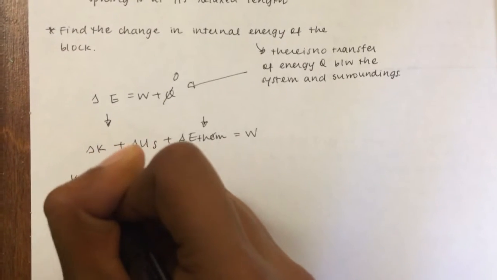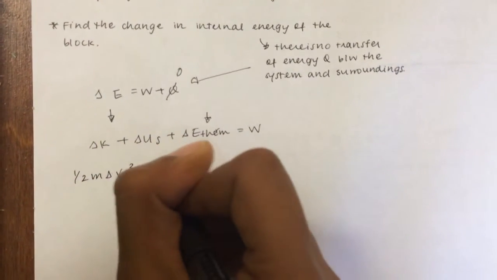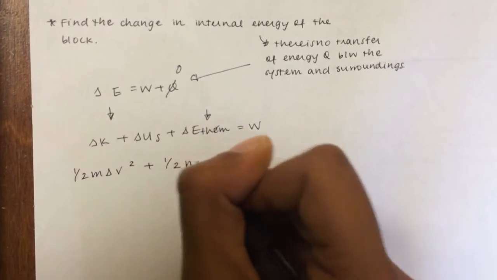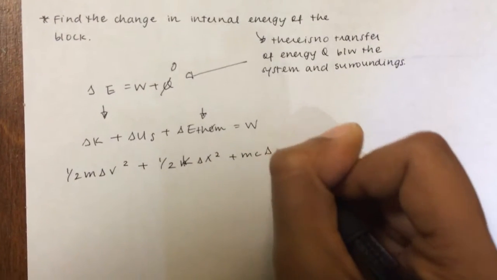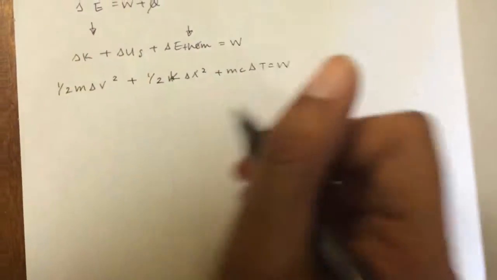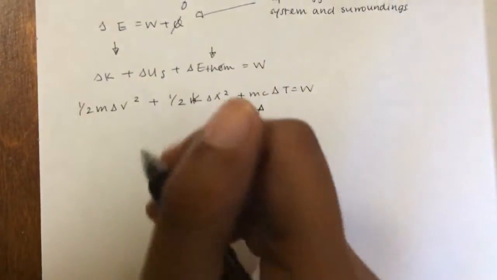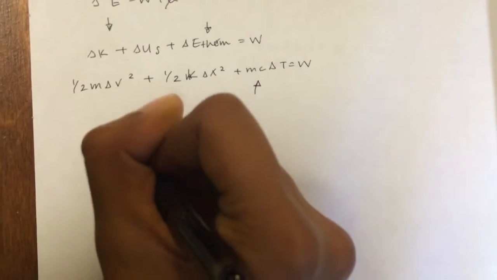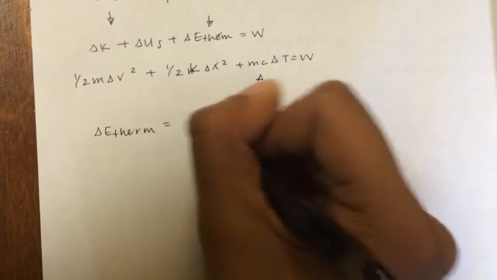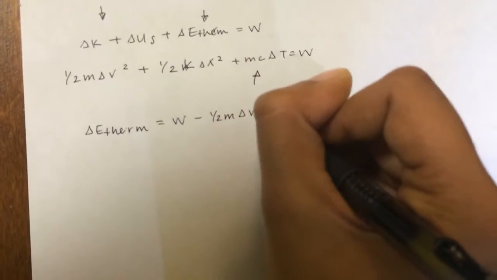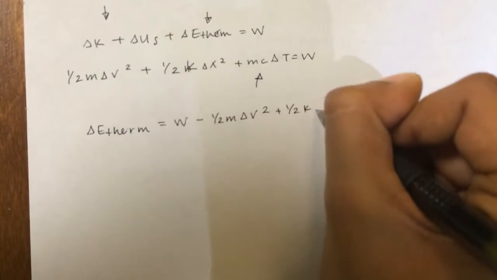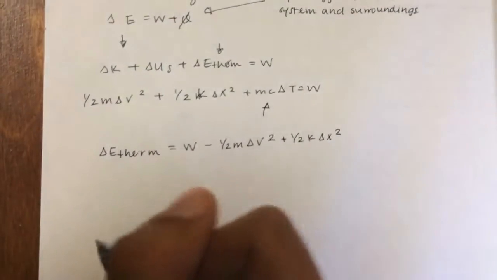So now when we break these terms down further, we can break this down even further by solving for delta E therm, which is equal to work minus 1/2 m delta v squared plus 1/2 k delta x squared.